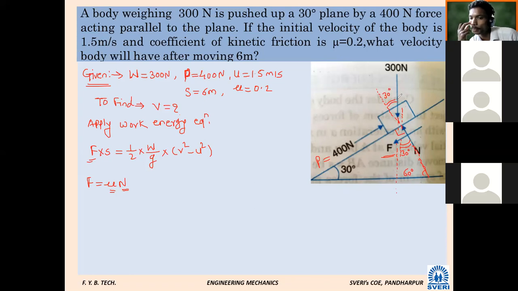Now if I want to find N, what I will do is resolve the forces perpendicular to the plane. This is our inclined plane. If you resolve this 300 Newton and this N perpendicular to the surface or plane, what will be the equation?